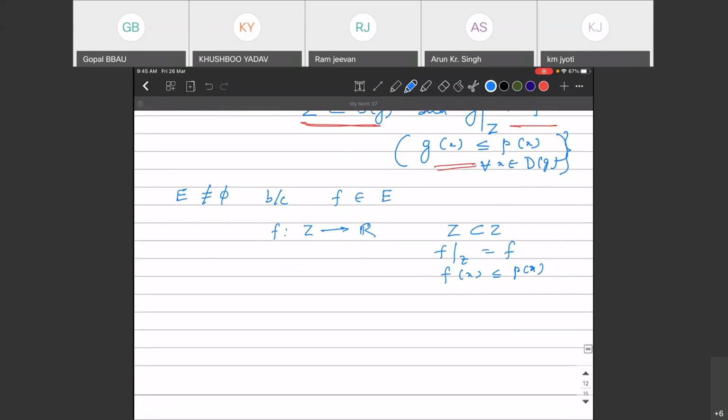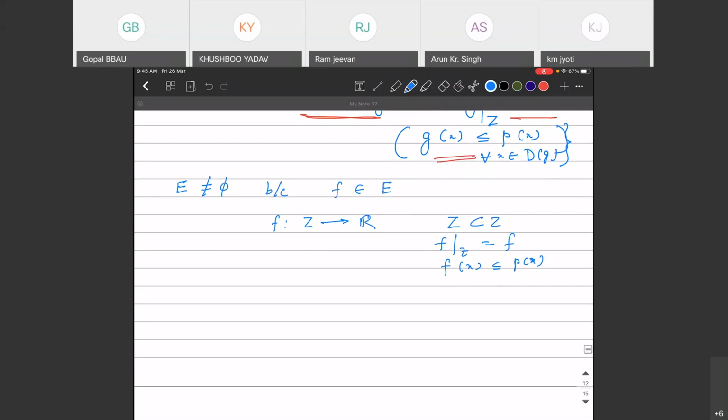So now we define an ordering, which makes E a partially ordered set. Now define an ordering on E. So we define a partial order relation on E as follows.